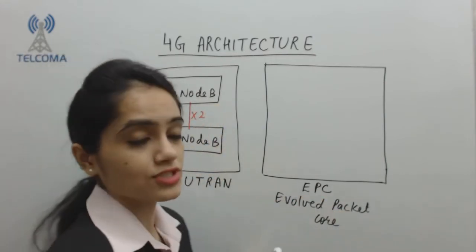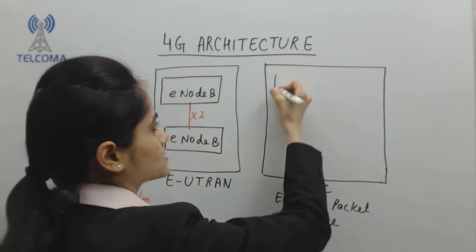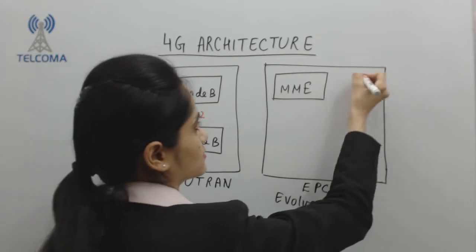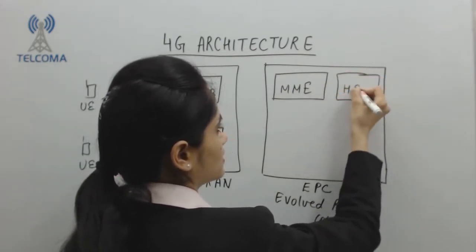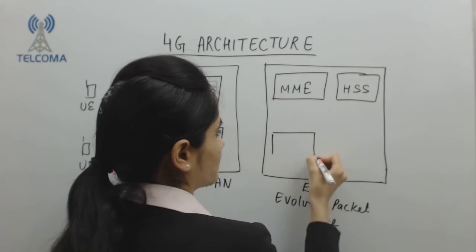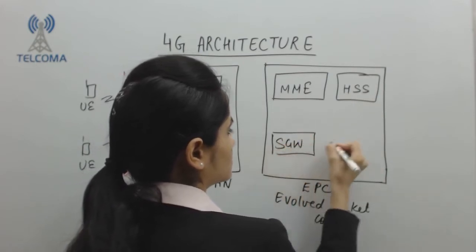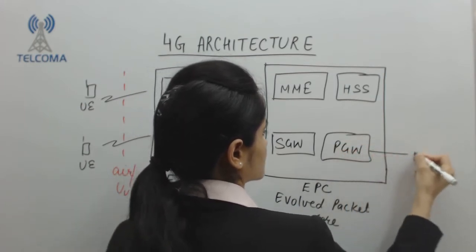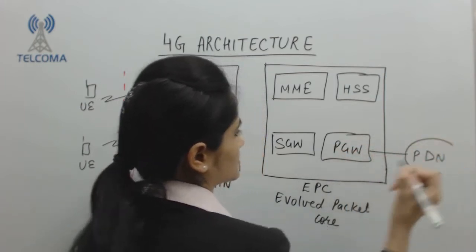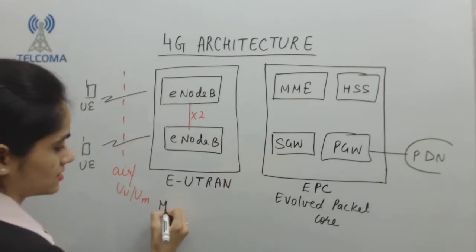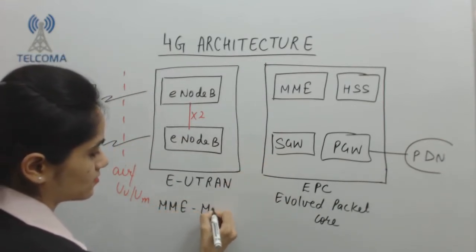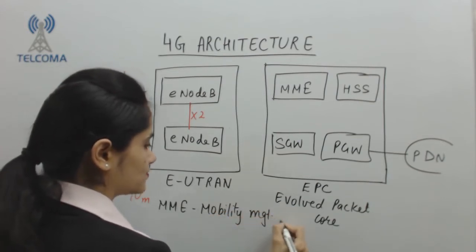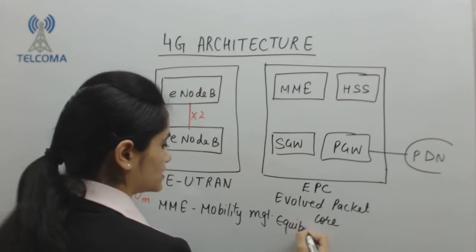Now let's move to the next, which is the core network. Now the core network has entities such as MME, then we have HSS, SGW, and PGW. This is connected to the external network, which is the PDN. Now MME is mobility management entity.